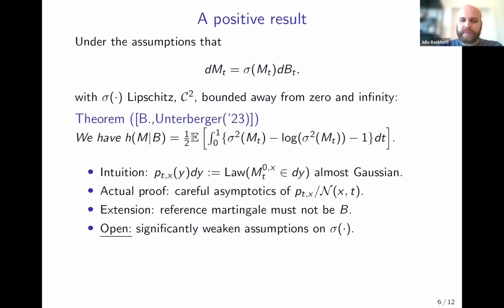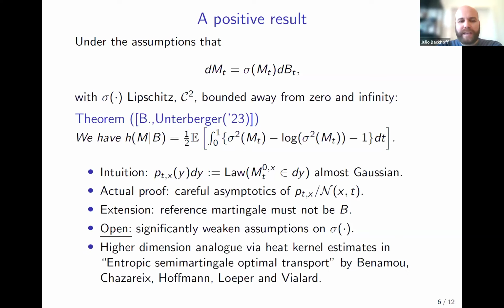And yeah, I don't know the answer. So I'm happy if anyone can look at this question. And the other thing is that what we did by hand here, this careful asymptotics of the quotient of densities, you can also do in higher dimensions, but now you don't do it by hand, you do it by so-called heat kernel estimates.